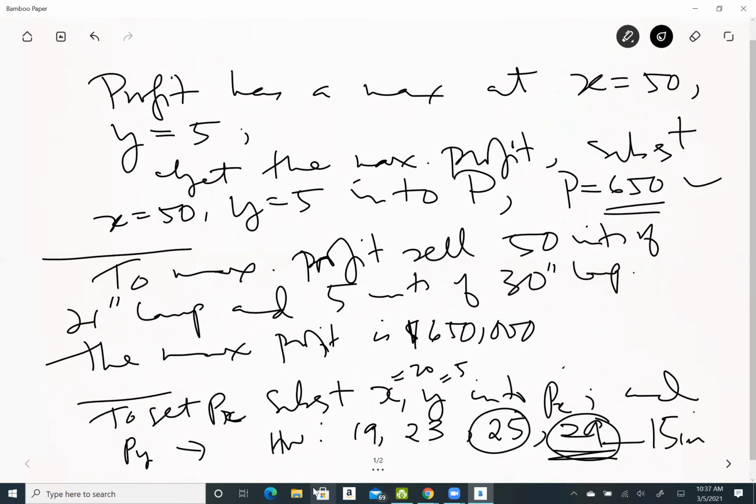You got the demand function. I'm sorry, you got the profit function. The profit is equal to what? It is equal to the revenue, and then what about the cost? Is the cost given, or do you need to find the cost?